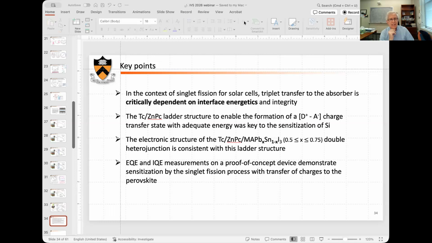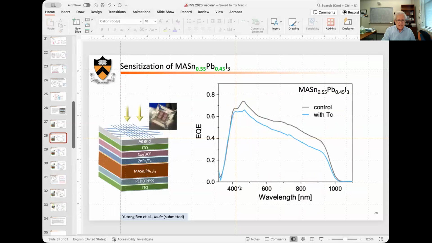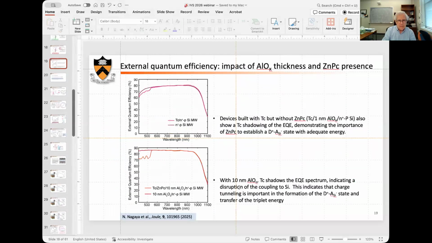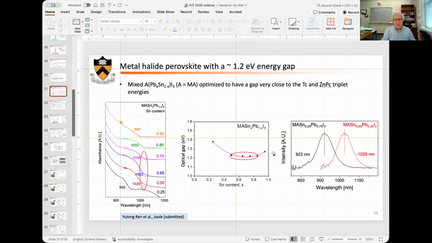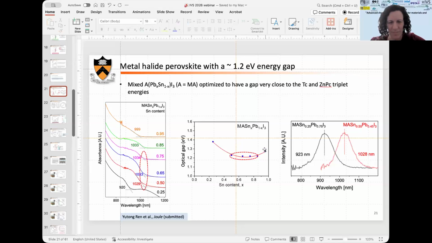Well, in this particular case, we chose this perovskite because we needed a material with a gap of about 1.2 electron volt or so. Tin alone does not do the trick because the gap increases again.